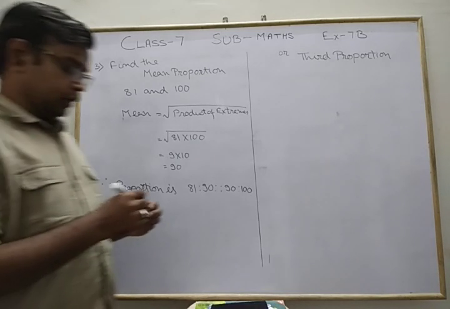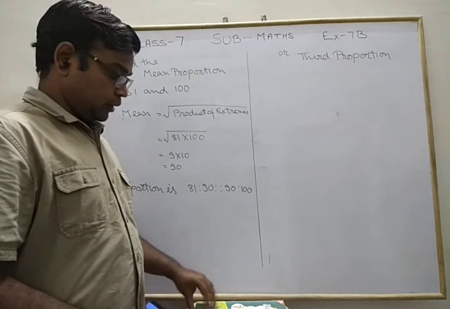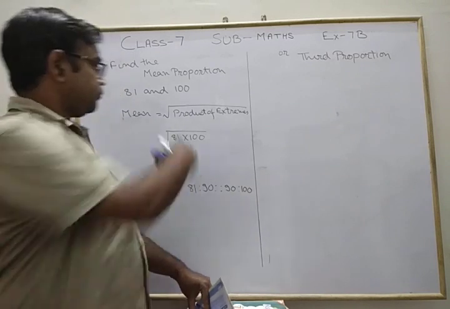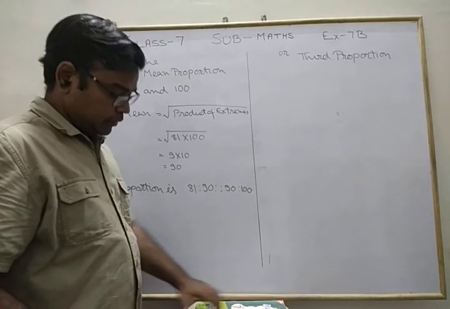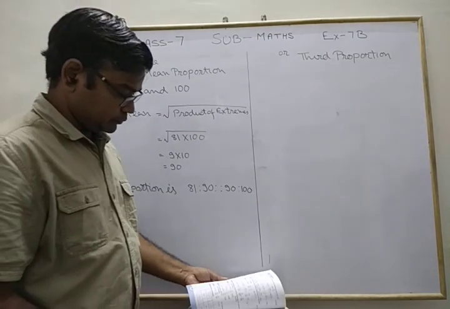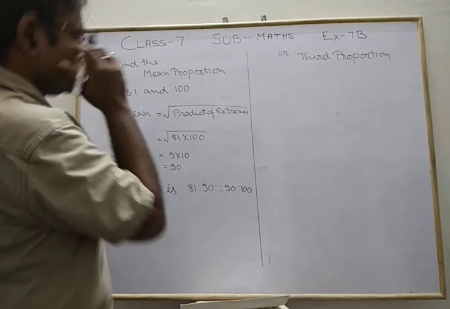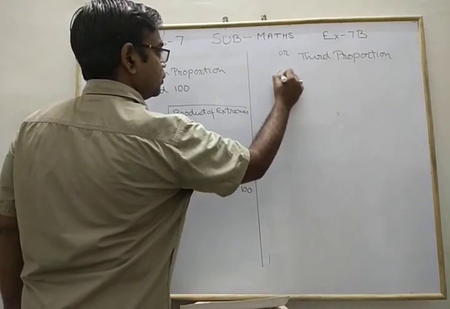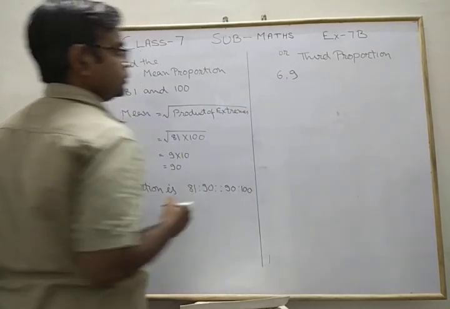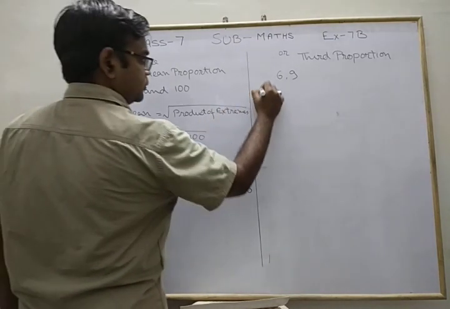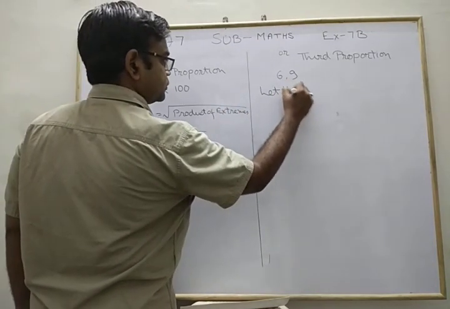And if the question asks you to find the third proportion, then we use the same formula but in a different way. I am searching for a question from the book, and it's given: find the third proportion of 6 and 9. What is the meaning of third proportion? It means, suppose, let the third proportion be x.